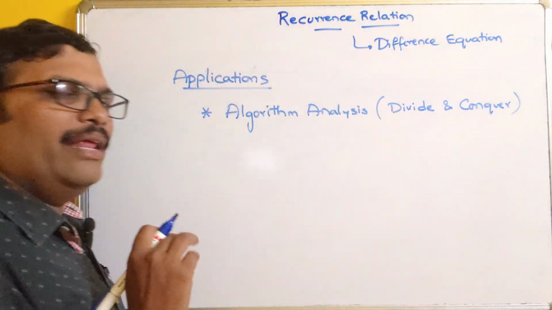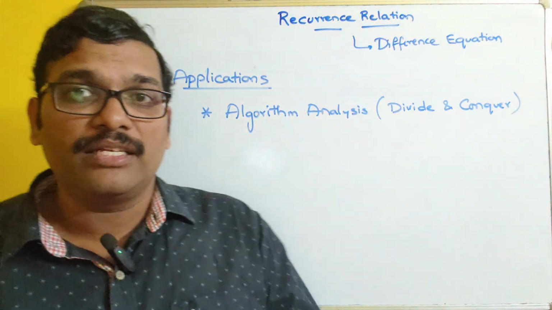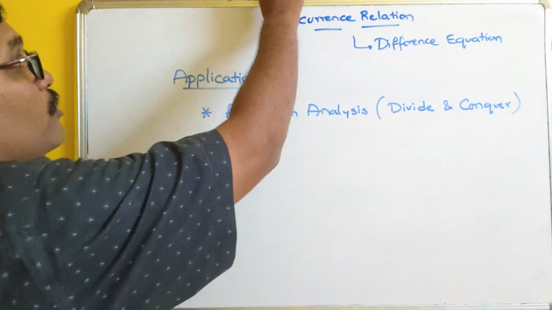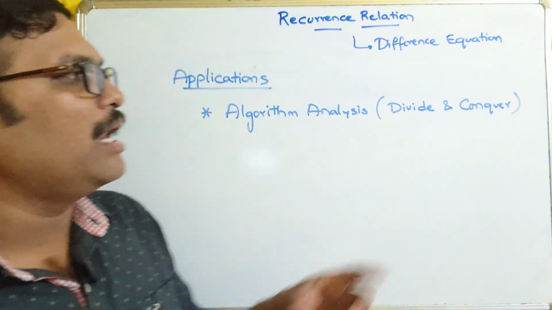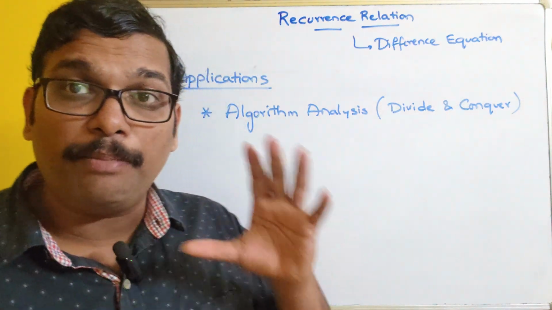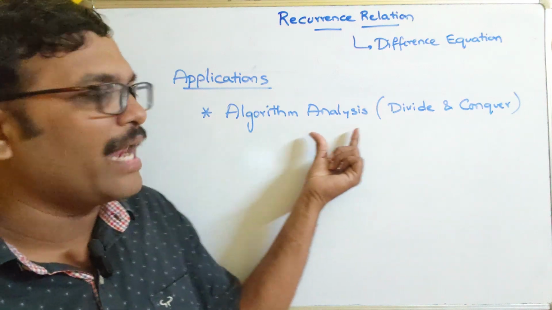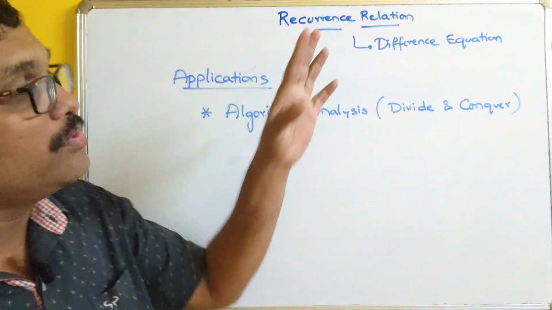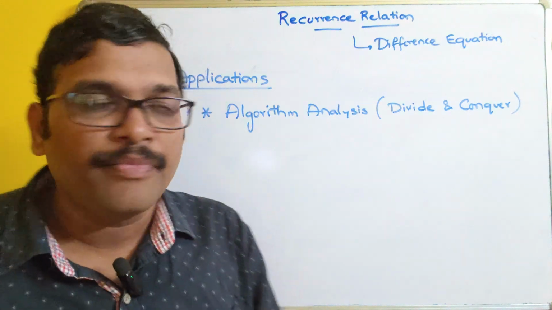Any kind of problem can be solved by using some algorithm, and there are different algorithmic approaches. One algorithmic approach is divide and conquer. In algorithm analysis, in order to find the time complexity, we use these recurrence relations.